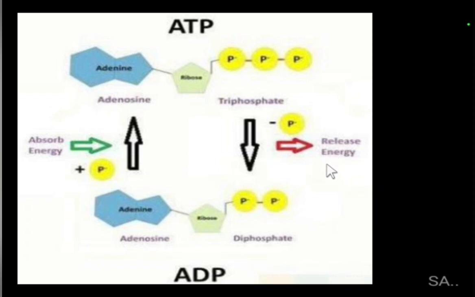This energy is taken up by the phosphate group, and this phosphate group absorbs energy and is added here to adenosine diphosphate, which is non-functional at this time. After getting this inorganic phosphate, it will again turn into adenosine triphosphate, and you know that the amount of energy that this one molecule of ATP is storing is around 7.3 kilocalories per mole.